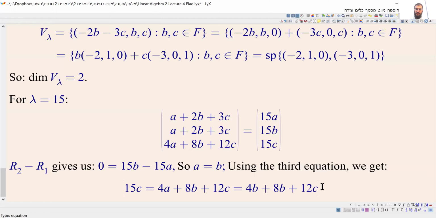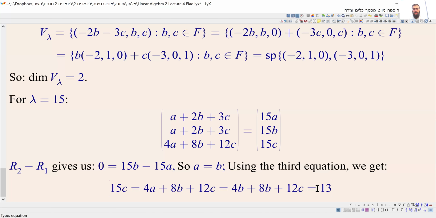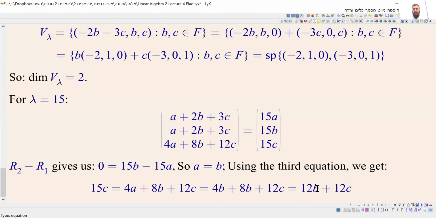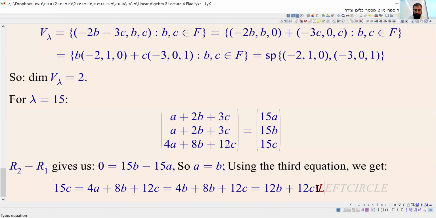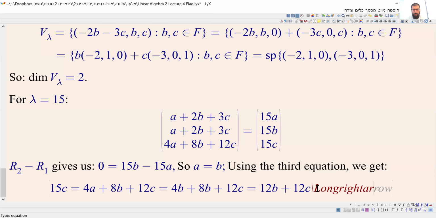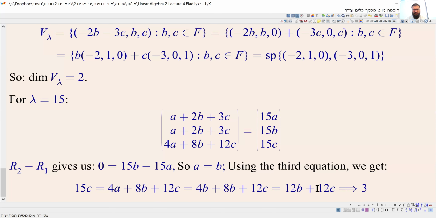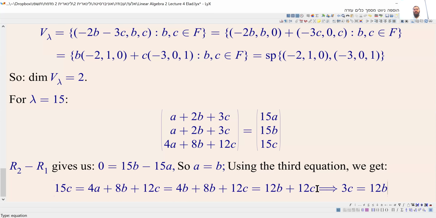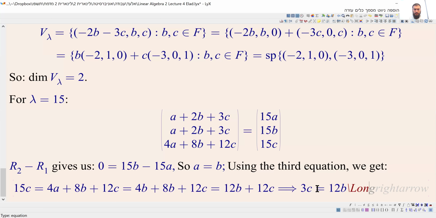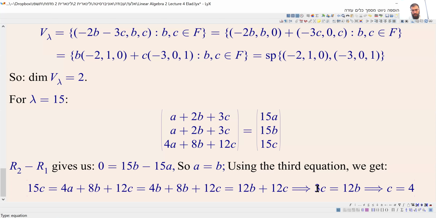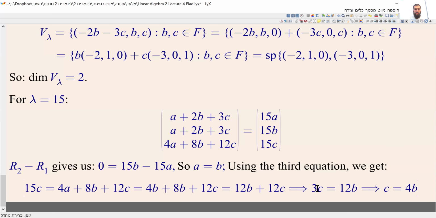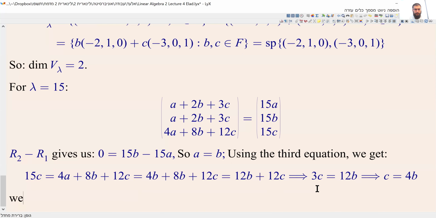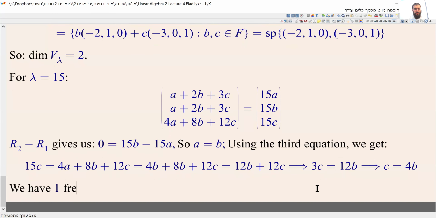It will be 12 on our next step. 12b plus 12c equals 15c, so 3c is 12b, which gives us that c is 4b. We have one free variable, it is b.